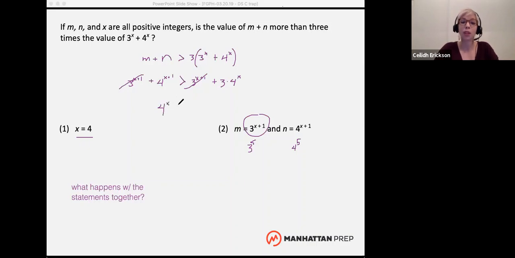Well, really, we could rewrite that as 4 times 4 to the x. And is that greater than 3 times 4 to the x? Yeah, it is. So this gives us enough to definitively say the answer to the question is yes. So the answer here was B. Crazy, right? Super, super complicated.